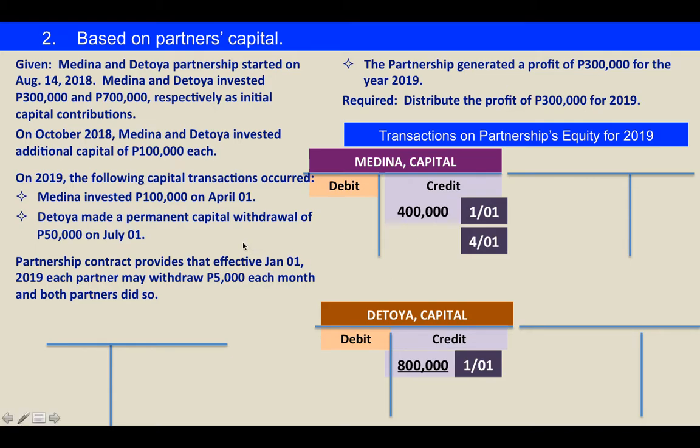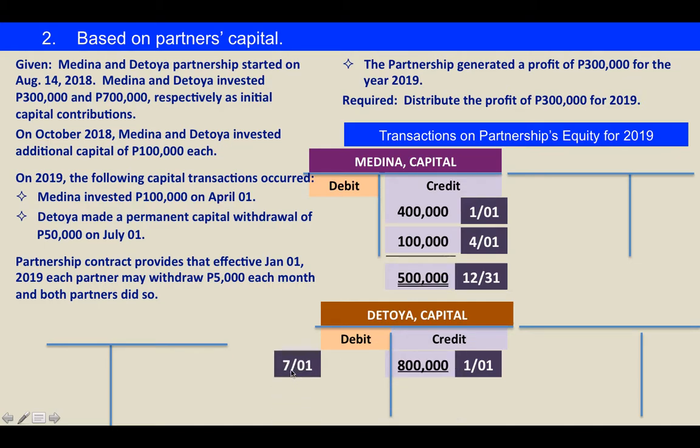So now, for the additional information, on 2019, Medina invested 100,000 on April 1st. So on April 1st, there is an additional 100,000. Okay? So since there are no more transactions, let us take a look at what will be the ending capital for 2019 for Medina. On December 31st, Medina has 500,000.